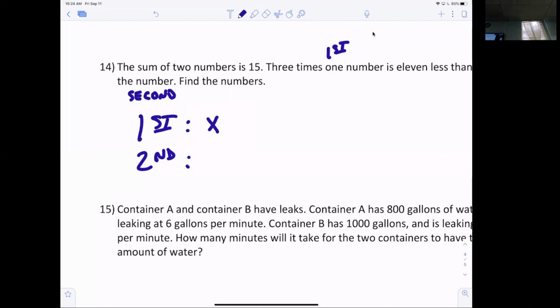Jack, what's the second number? X plus 2 or 1? Stop. The 2 numbers add up to 15. If the first number is X, the next number is?